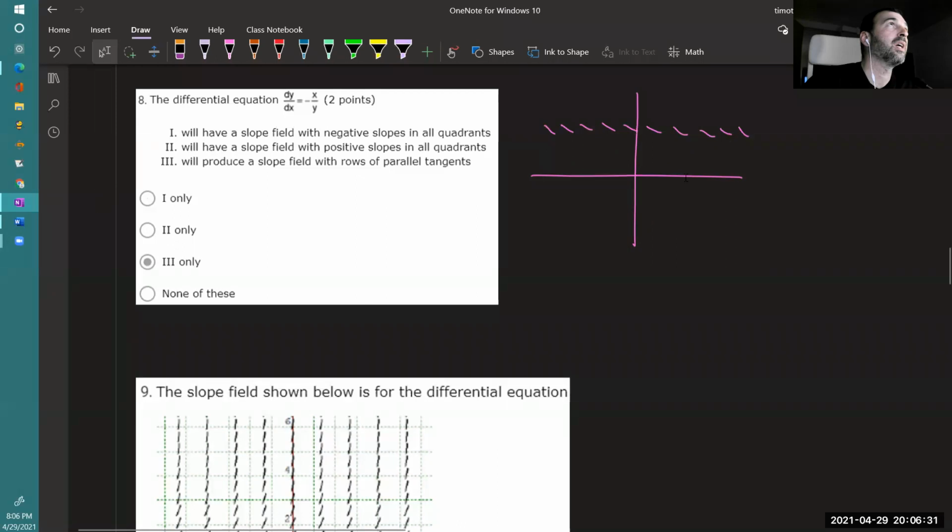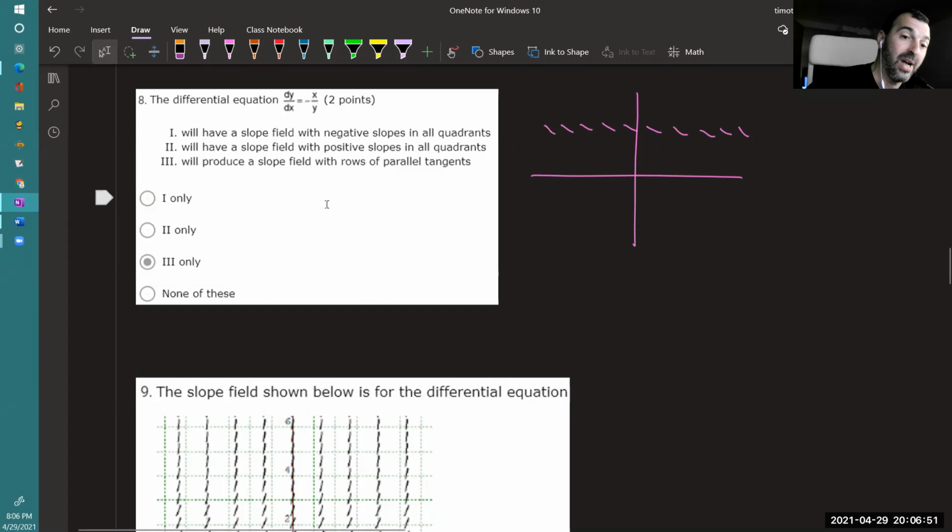And slope fields that look like that actually don't have an x in them. They don't have any x's in their first order differential equation, all right?